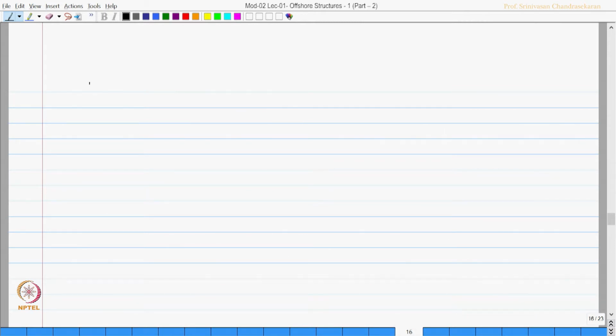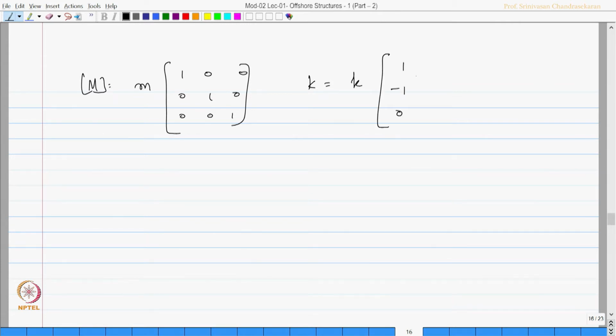So, the mass matrix is now known to me, which is m times of 1 0 0, 0 1 0, 0 0 1. From the equation of motion by Newton's force method, I can also find the k matrix. I leave this as a homework to you. K will be equal to 1 -1 0, -1 2.5 -1.5 and 0 -1.5 and 3.5.